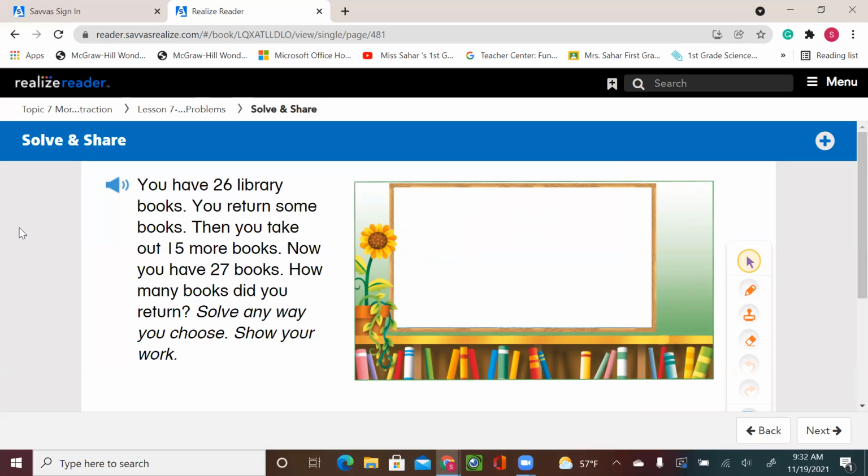All right. So I know that I have 26 library books and I returned some books, but then I took 15 more books. So this is the first part. You have 26, you return some, and then you took 15 more. So step 1, let's add the 26 plus the 15 more books that you borrowed and you add them to your collection.